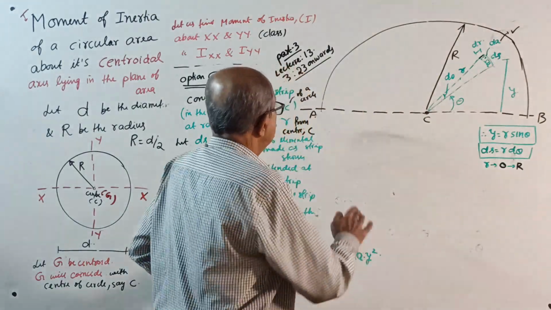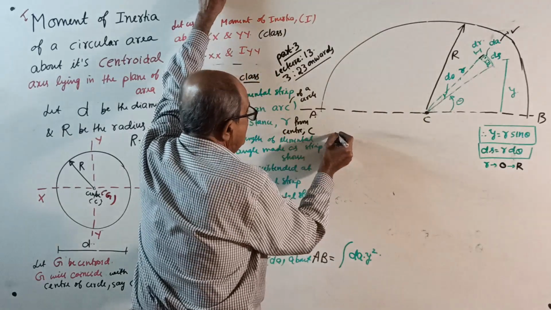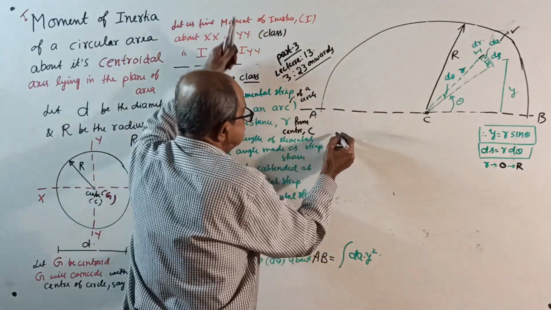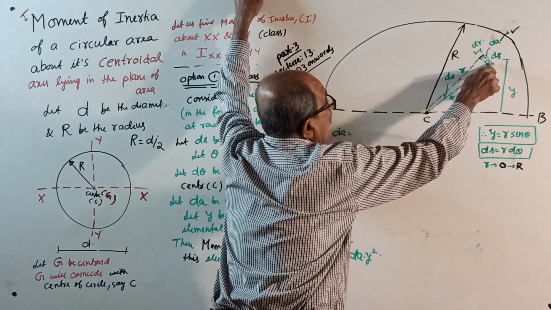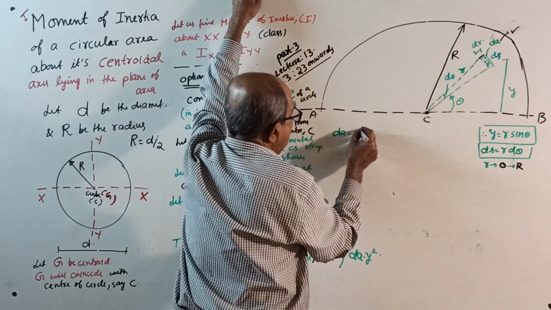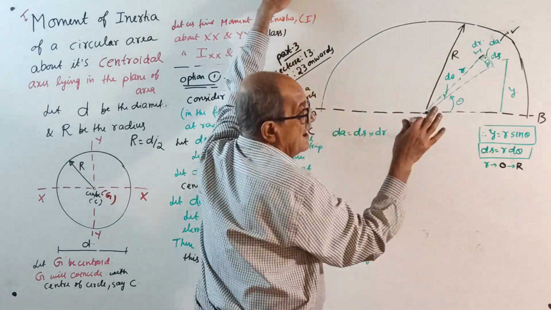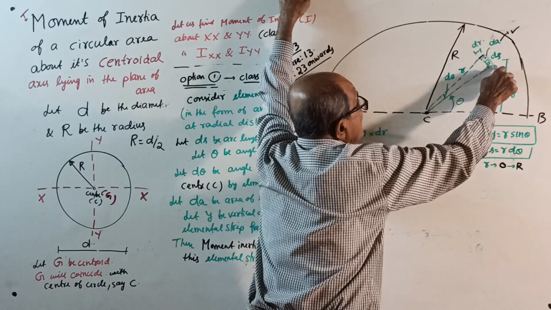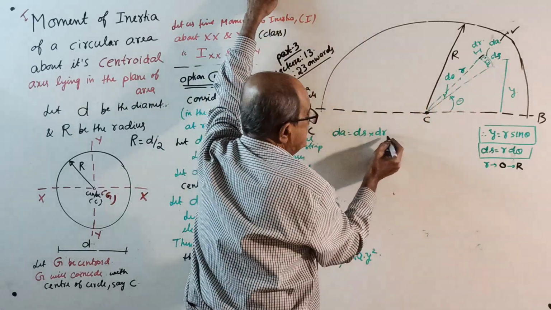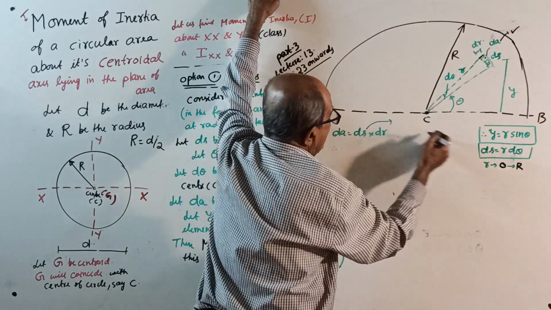Okay, this much you write. Then, right here, first the elemental area dA. Elemental area dA, see here, this small rectangle is ds into dr. See, this is a small strip here. This is ds, this is dr. Therefore, ds equal to r d theta.